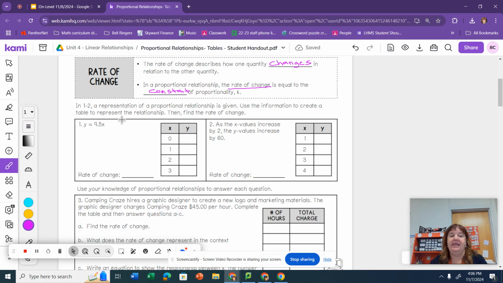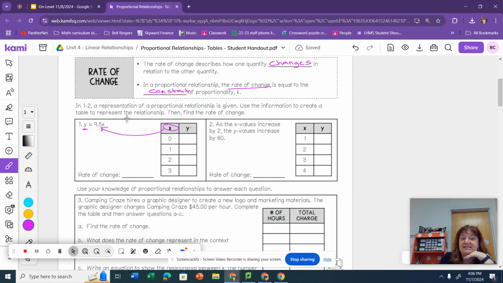Okay, in 1 and 2, a representation of a proportional relationship is given. Use the information to create a table. So again, all you're doing is you're taking the x, plugging it in, and that will give you the y.